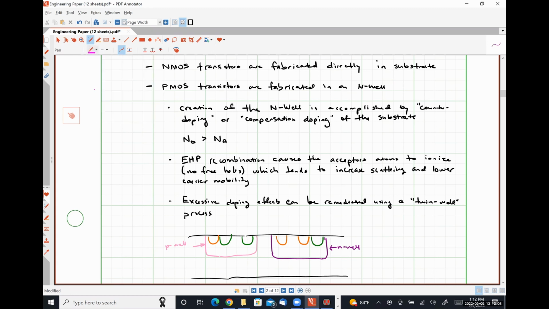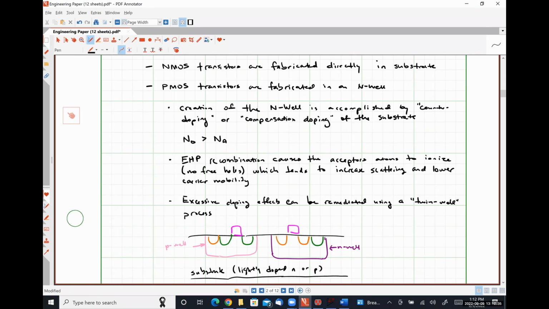Just quickly drawing things. So we have an NMOS transistor on the left-hand side and a PMOS transistor on the right-hand side. Our substrate, in this case, is lightly doped N or P.